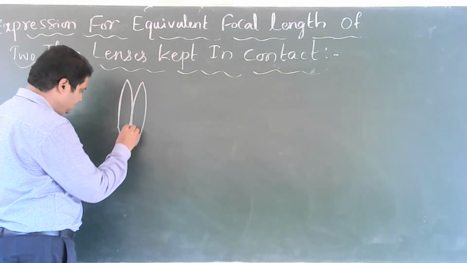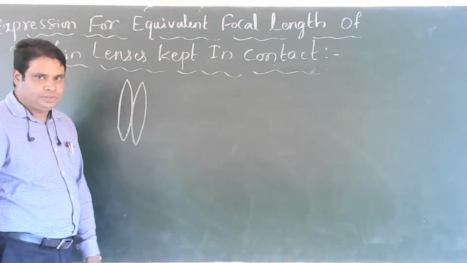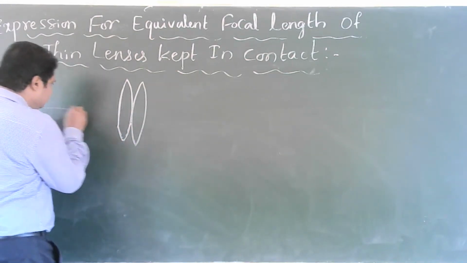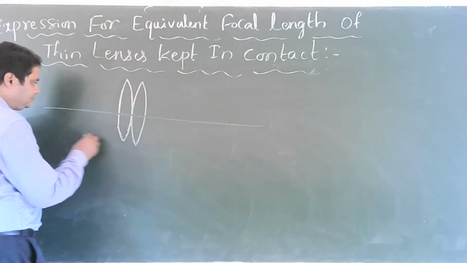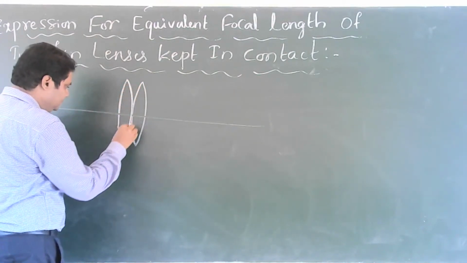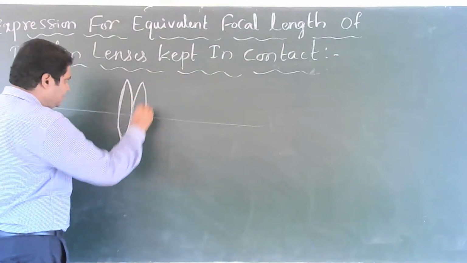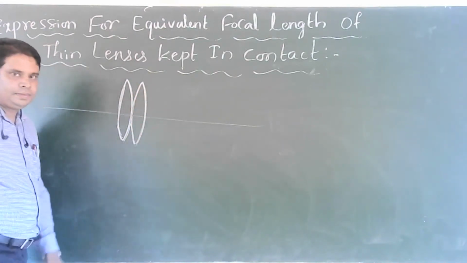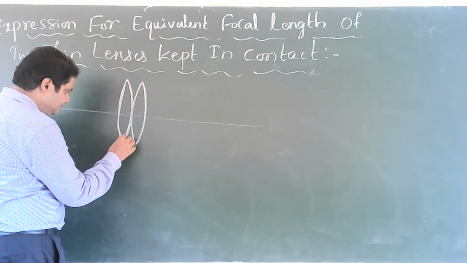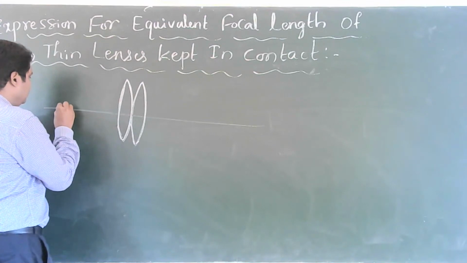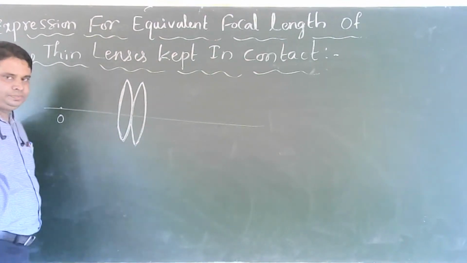Like this is the principal axis, and a ray of light. Let this be a point object, say O.